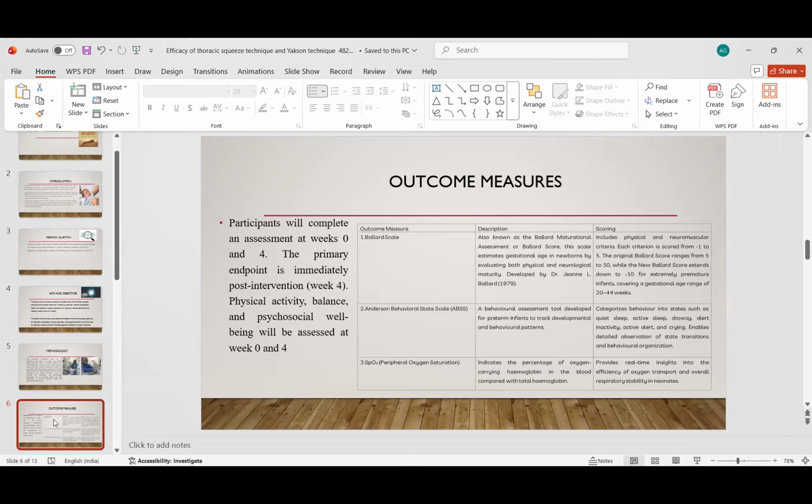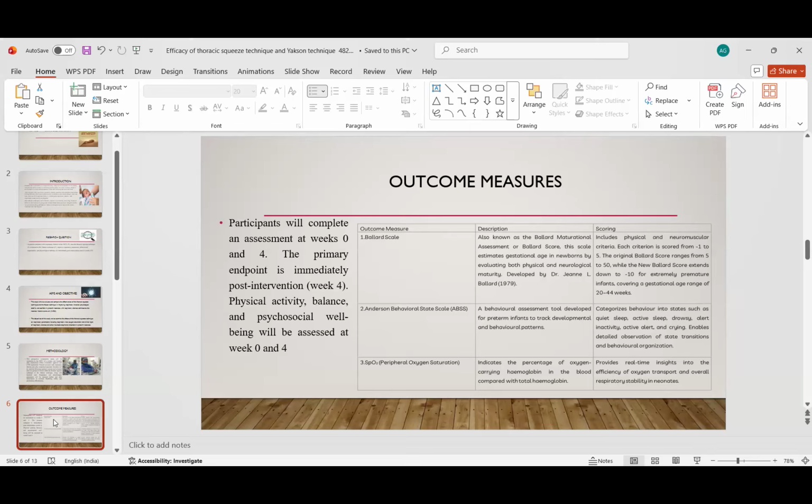Each criterion is scored in 5. The original Ballard score runs up to 50, while the new Ballard score goes down to -10 for extremely preterm infants. Then the Anderson Behavioral State Scale, ABSS, a behavioral assessment tool developed for preterm infants to track developmental and behavioral patterns.